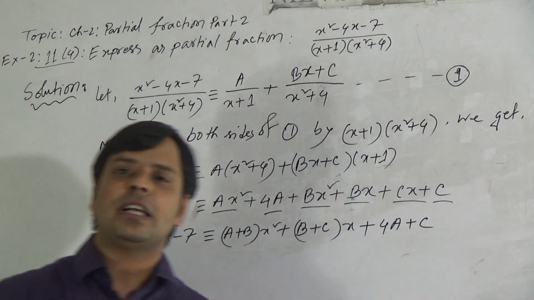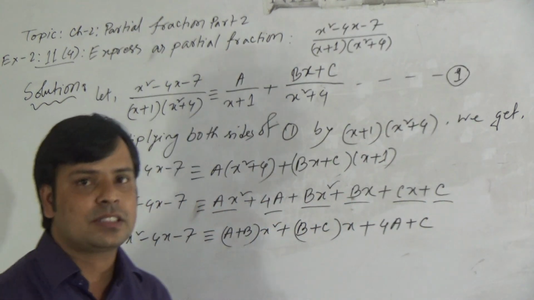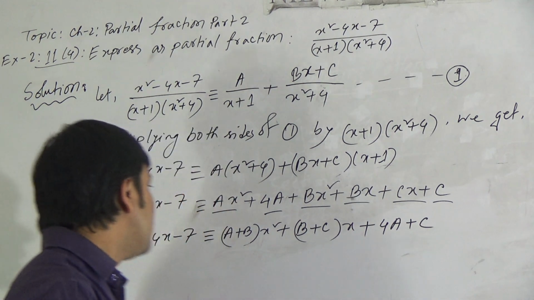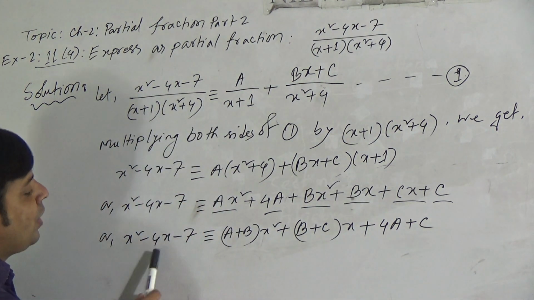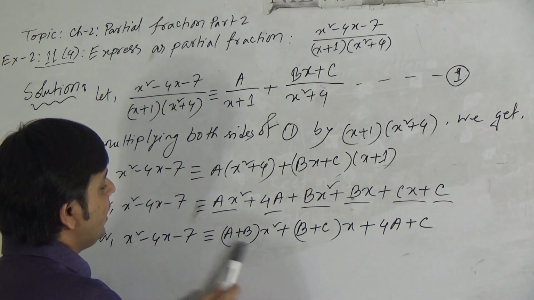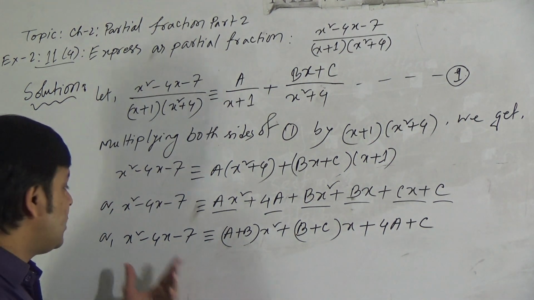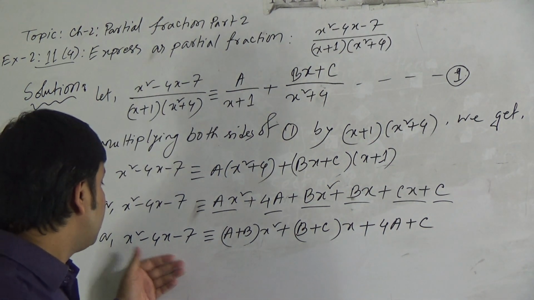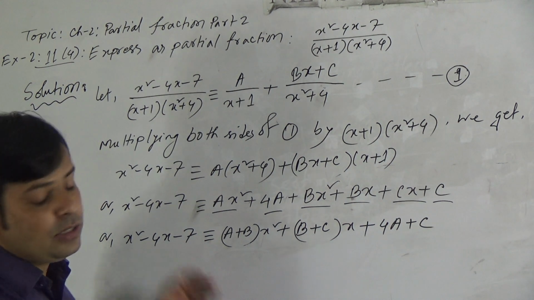So we need to determine the value of these constants. Now how can we determine the value? To determine the value, we need to equate the coefficients of the terms x square, x and the constant term.